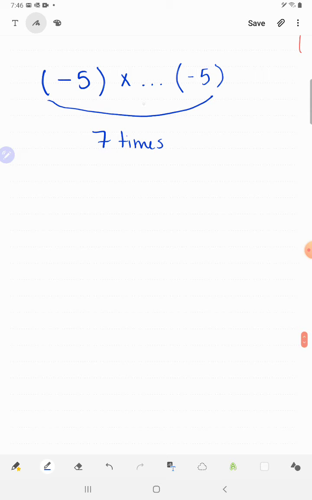What Eureka is doing is basically saying we don't want to write -5 7 times. So they're saying that it's continuous. So what we have to do is know that they're saying that our base in this problem is -5, and that is being multiplied 7 times.